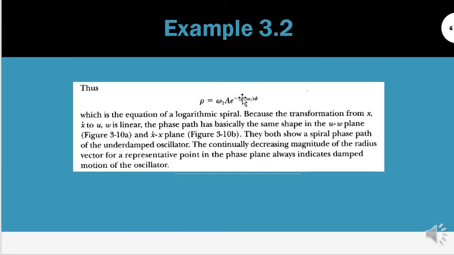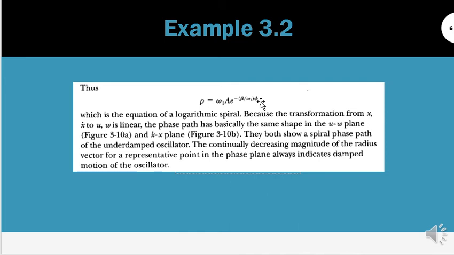This equation is the equation of a logarithmic spiral. Since the transformation from x and x dot to u and w is linear, the phase path has basically the same shape in u and w.